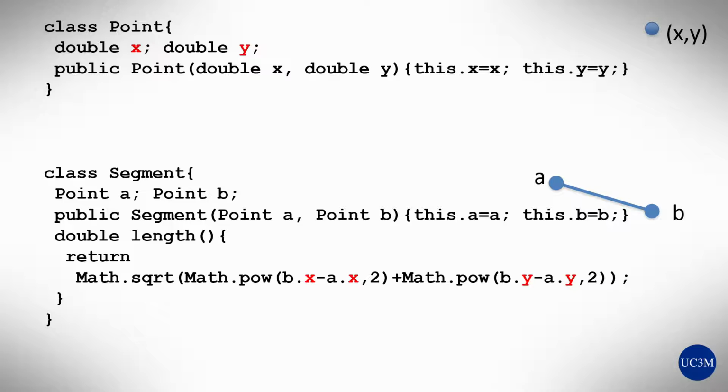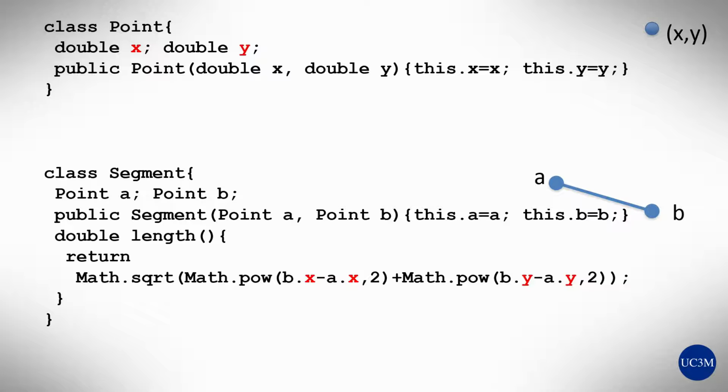And we also define method length to compute the length of the segment as the square root of the difference of the x values of the points squared plus the difference of the y values squared as well. Easy. For computing the segment length, we use the x and y values of the 2 points a and b.